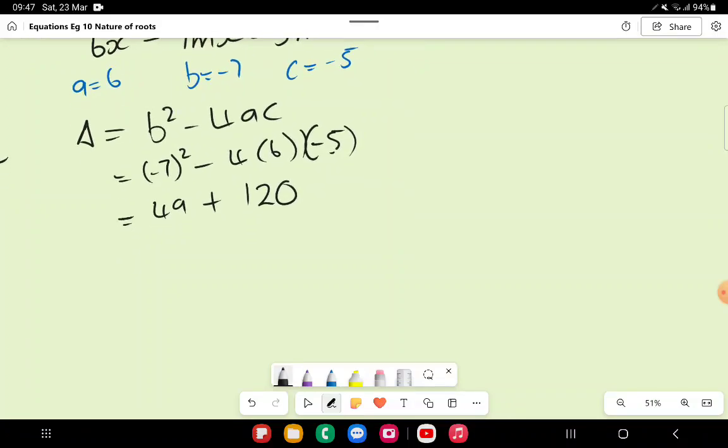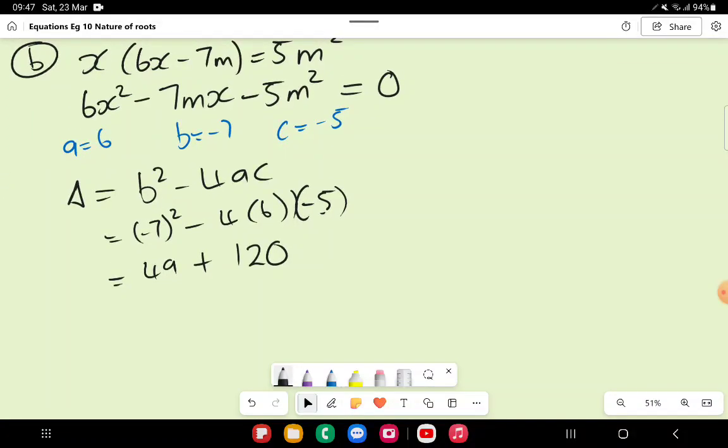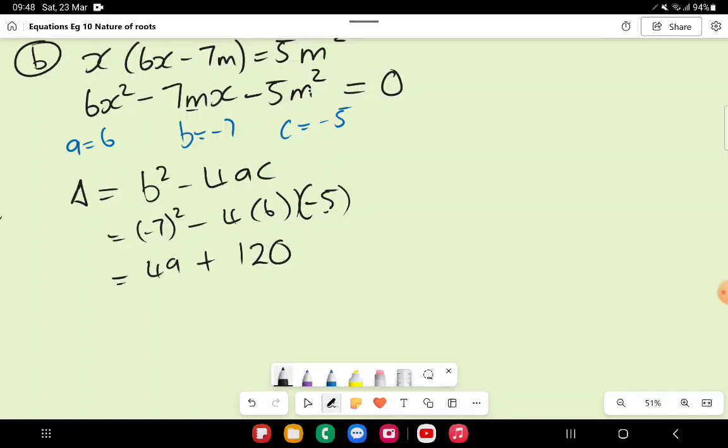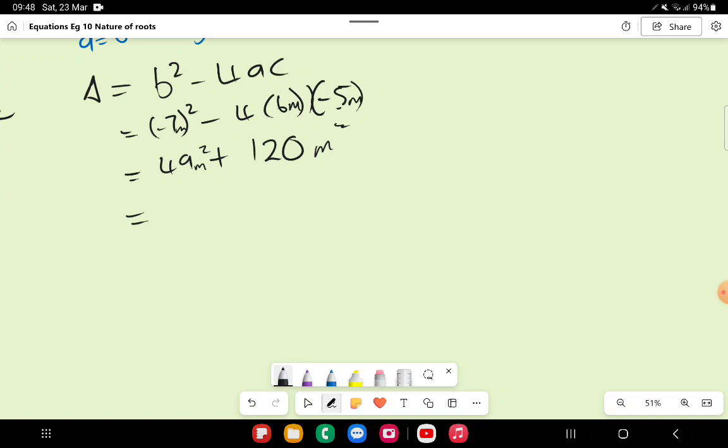I think I'm supposed to include the m's. It kind of doesn't matter. So this becomes m squared and m squared, which means that I end up with a value of 169 m squared.